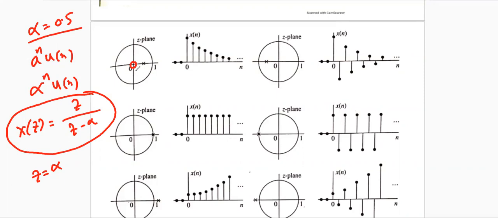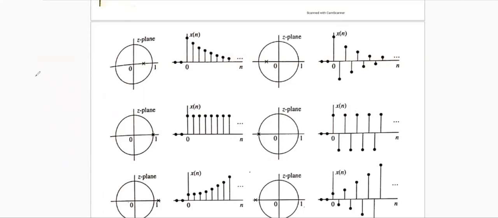This is the pole-zero pattern of this kind of signal, where alpha equals 0.5. And for this signal, alpha to the power n u[n], if alpha is 0.5, that is 0.5 to the power n, the signal looks like this in the time domain.